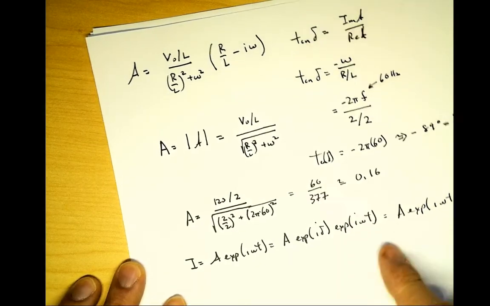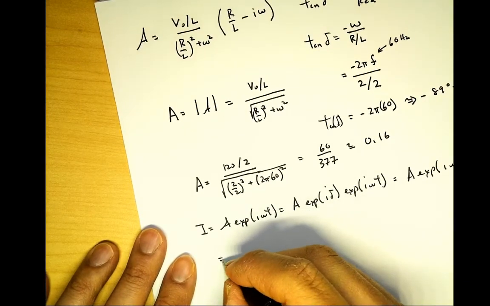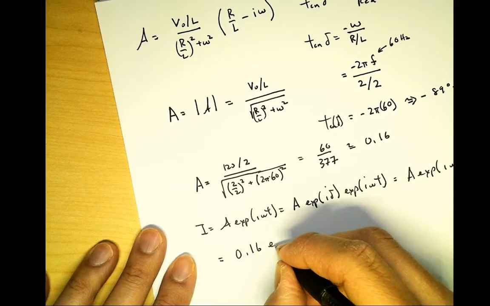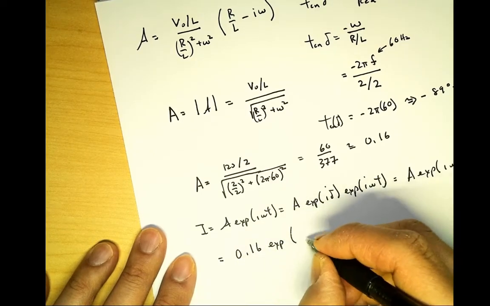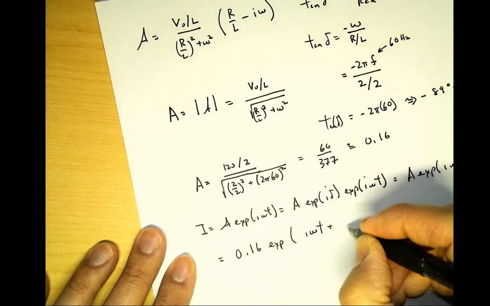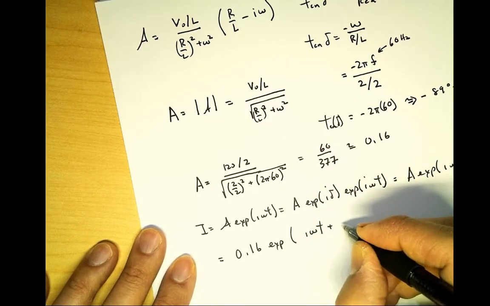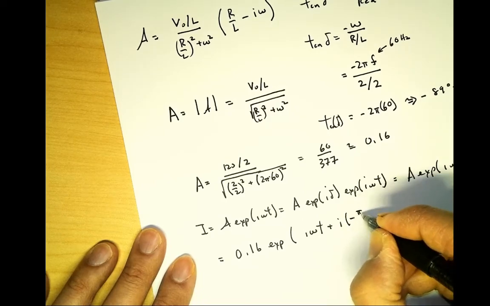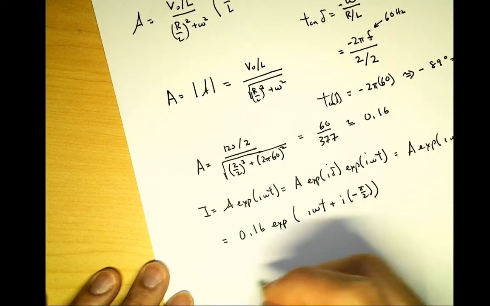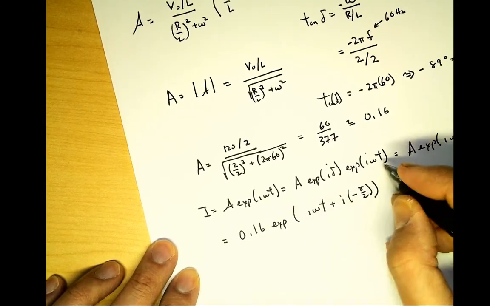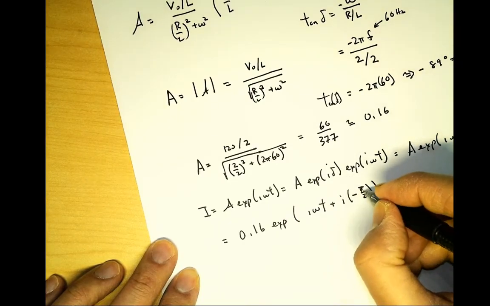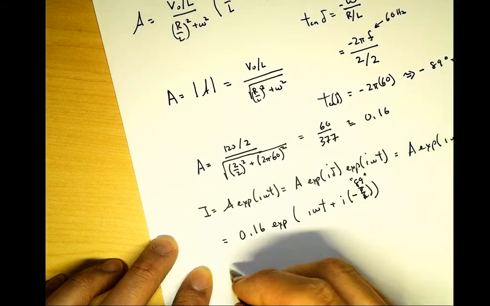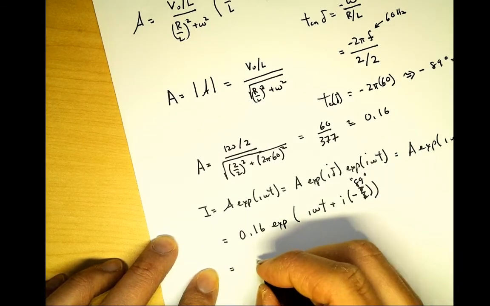Okay, so let's plug everything in. So A was 0.16 exponent I omega t plus I delta, which is basically I minus something roughly pi over 2. It's technically not, it's actually 89 degrees, so I'll put that as 89 degrees, in quotes, so I don't mess up later.